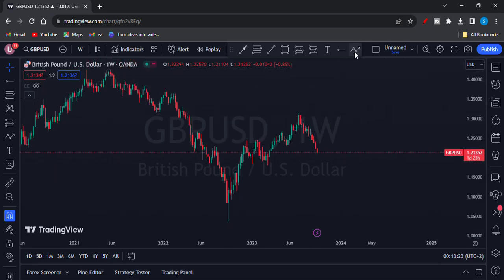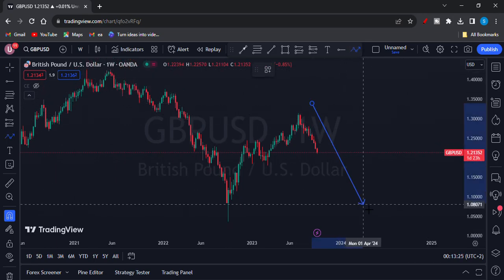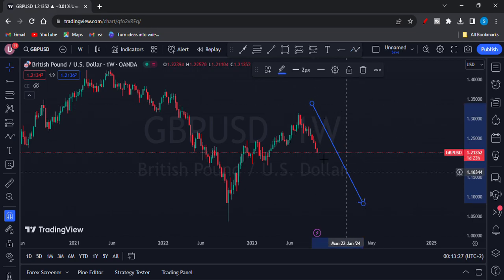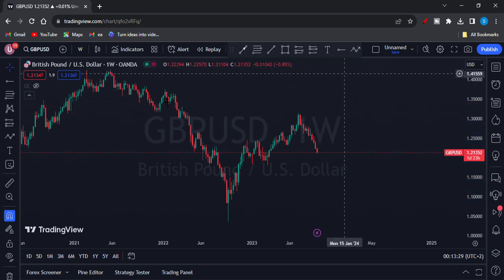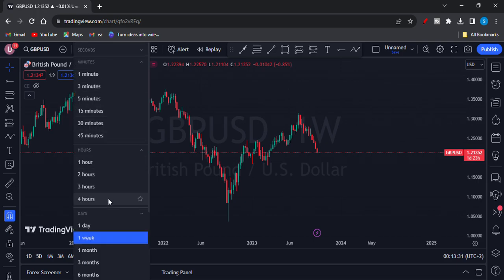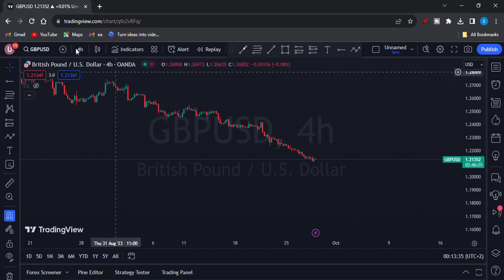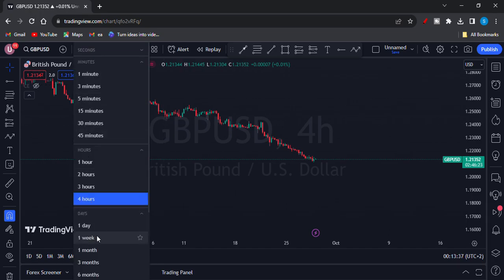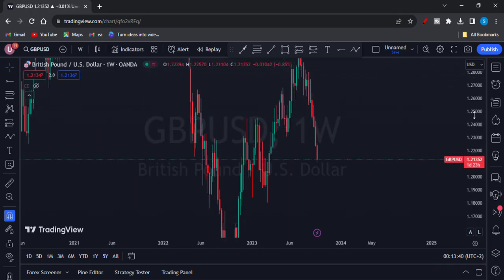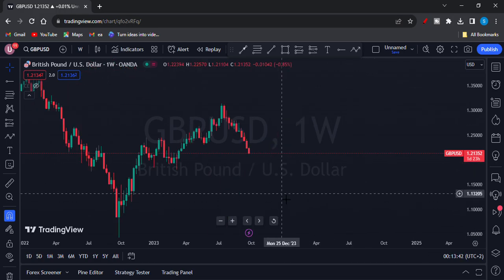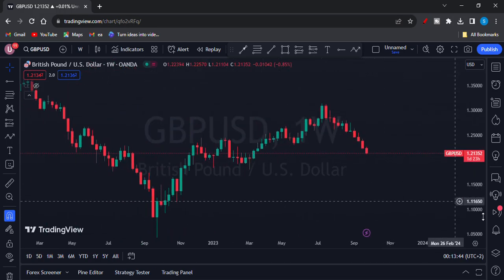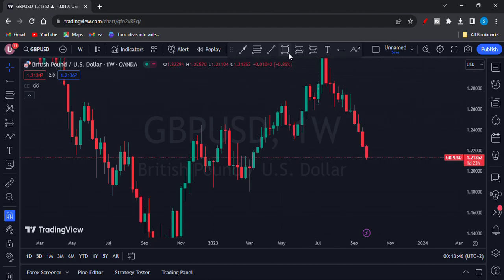And then for GBPUSD, seems like we have changed the direction. We are on a downtrend, so to speak. And then before I go to the 4-hour, there's something that I saw. So on a weekly, same applies with EURUSD.